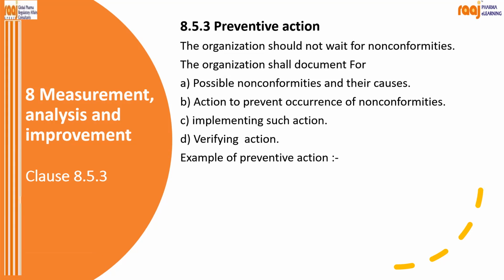Right. Any example of preventive action? An example, tell me. Any alarm checks we can put in manufacturing equipment. For temperature monitoring, if the temperature goes high or low, it will automatically pop up and raise an alarm.